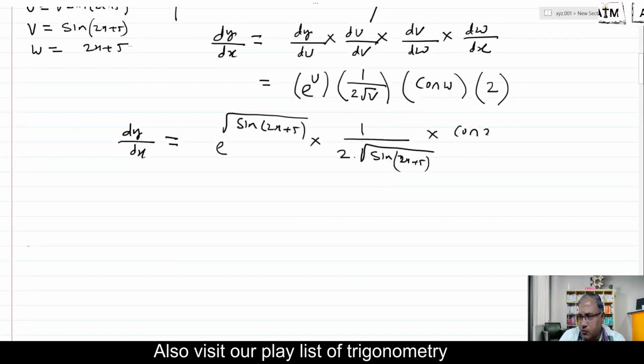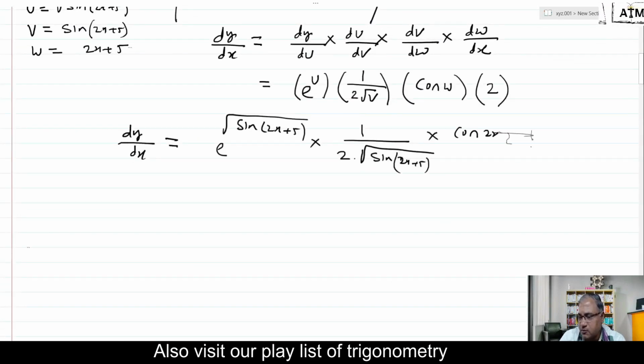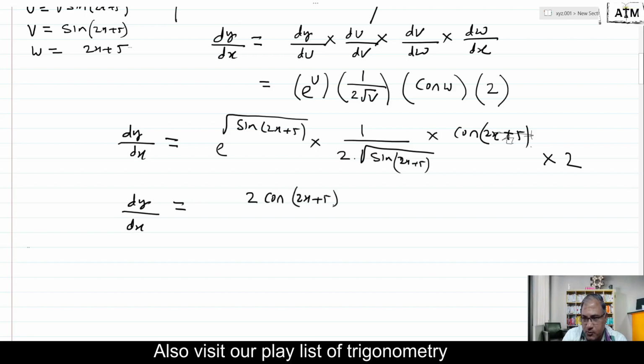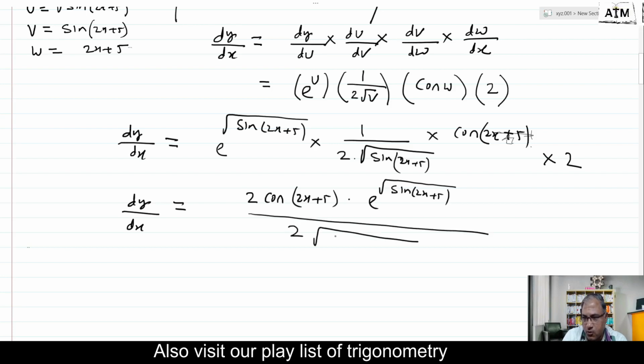So write 2x plus 5 here and here, and the last result is 2. Now writing properly, dy by dx equals 2 cos(2x plus 5) into e raised to sine of (2x plus 5), divided by 2 under root of sine (2x plus 5).